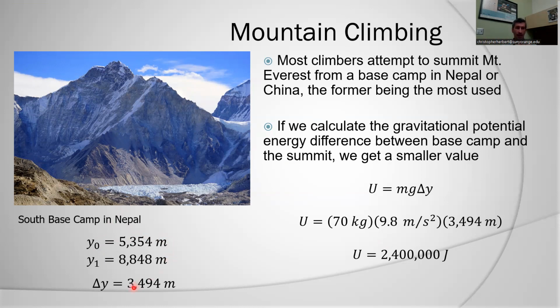So the difference in height is again about 3,500 meters. During the climb, a typical person would have to produce almost 2 million joules of energy to get to the top. Now, the problem is, where's this energy coming from?